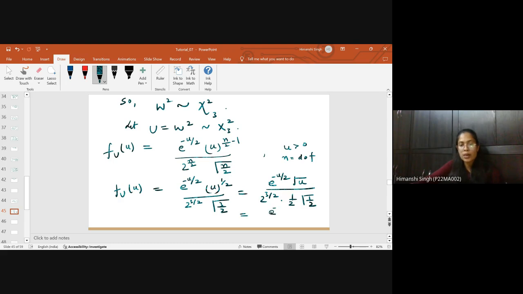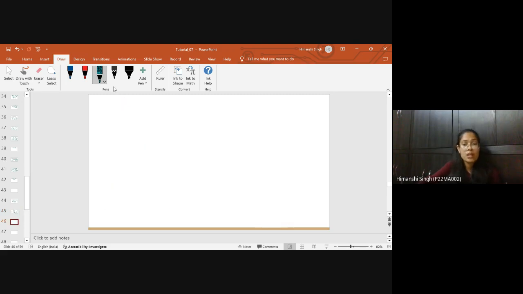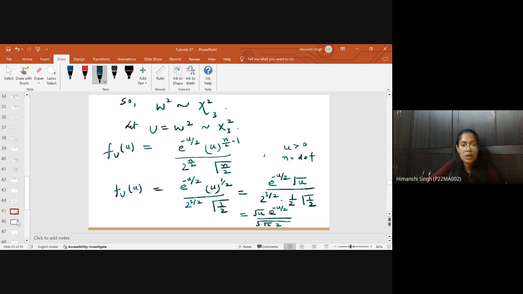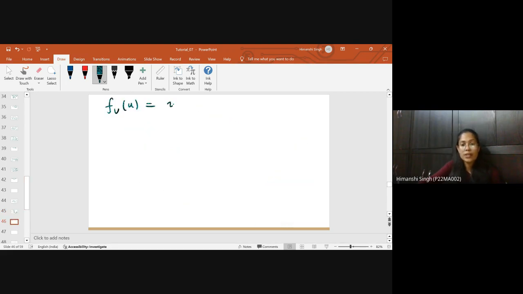So we have f_U(u) equals under root u, or u to the power 1 by 2, e to the power minus u by 2, divided by root 2 pi, for u greater than 0. Now we have the density for u.